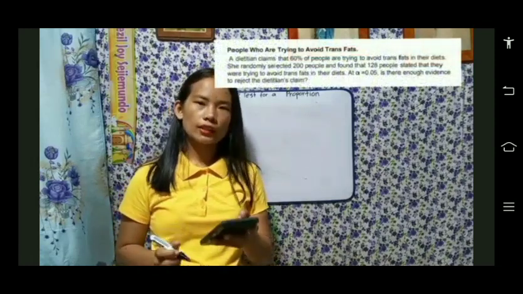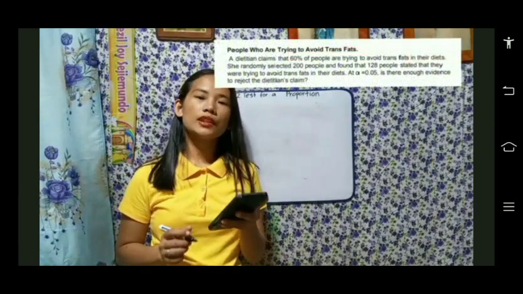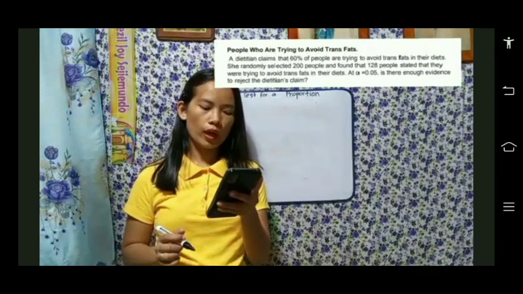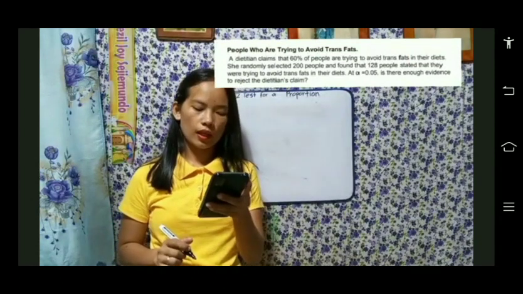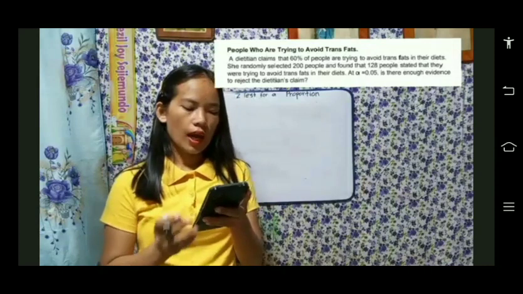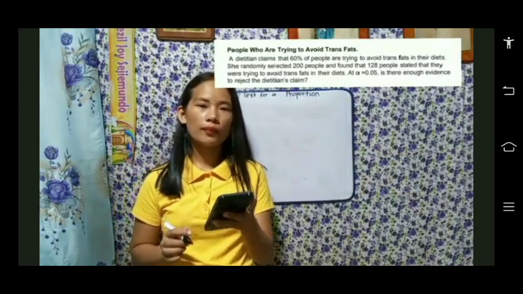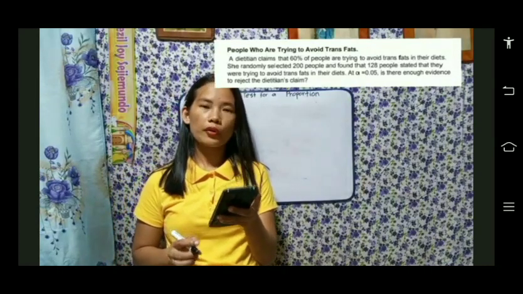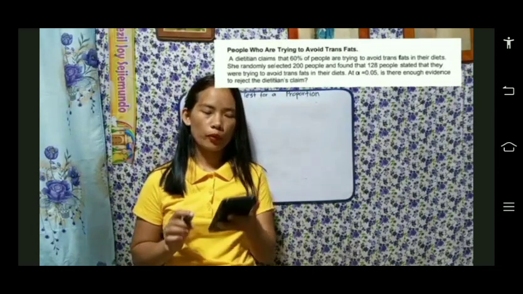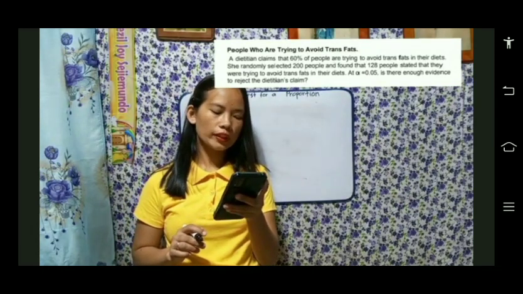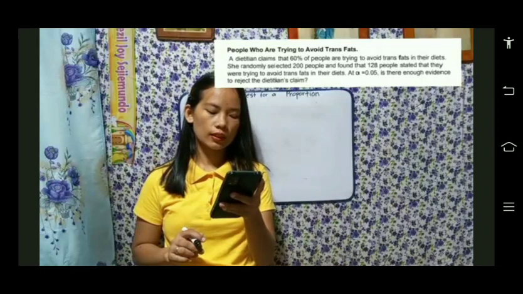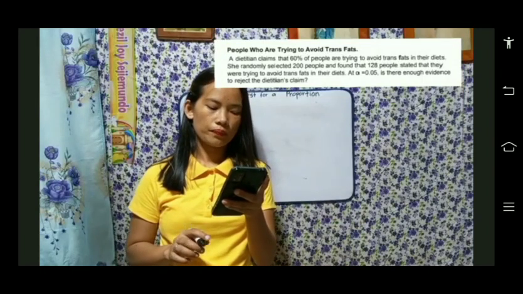Example: people are trying to avoid trans fats. A dietitian claims that 60% of people are trying to avoid trans fats in their diets. She randomly selects 200 people and found that 128 people state that they were trying to avoid trans fats in their diets.